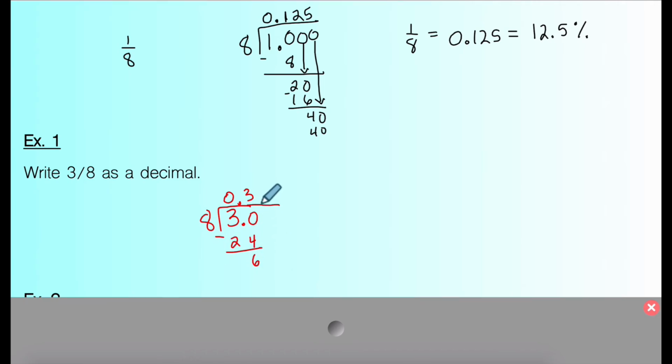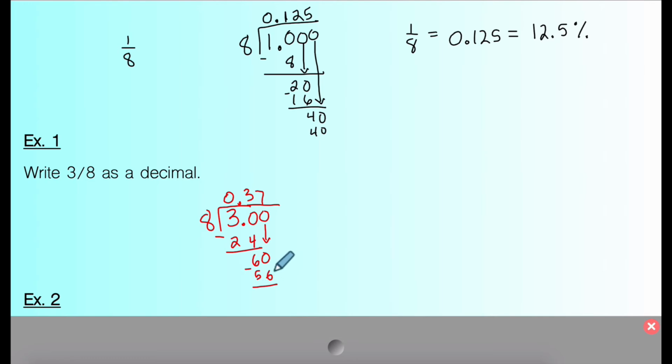Subtract, add a 0. 8 can go into 60 7 times. 8 times 7 is 56. And then lastly, 8 can go into 40 5 times evenly. So that means that 3/8 in decimal form is 0.375.